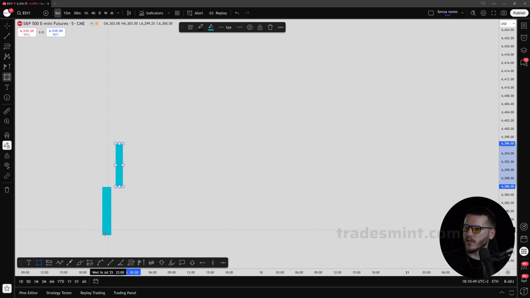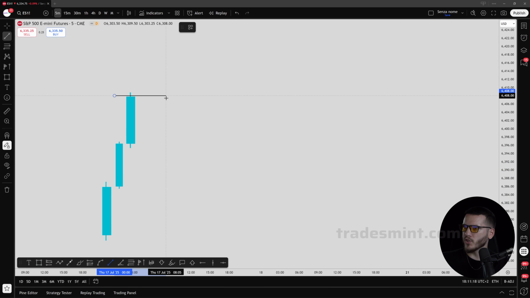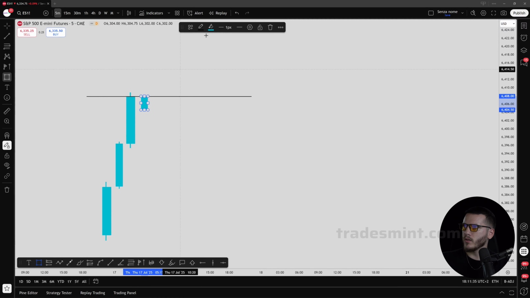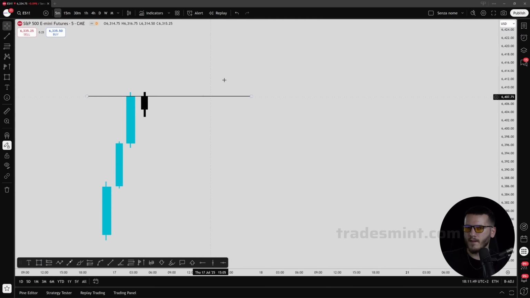If price, for example, is going up, and this is the latest close of a bullish candle, this level where the candle stopped is the close of that candle. Let's say the next candle closes lower. This is not enough for us to consider this a resistance level.